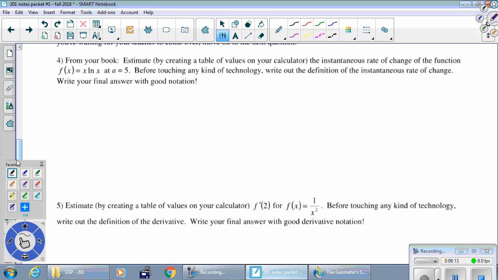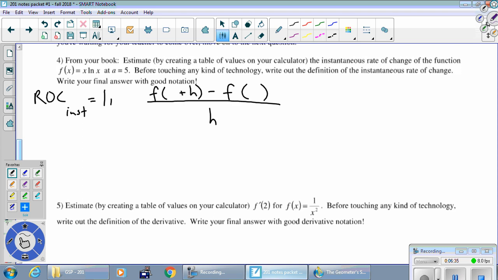Okay, so the definition of the instantaneous rate of change. Rate of change instantaneous is equal to, all right, leave some space because there's going to be a limit that goes in there. I know that the definition is f of a plus h minus f of a, all divided by h. So anything with an h in it we can write.